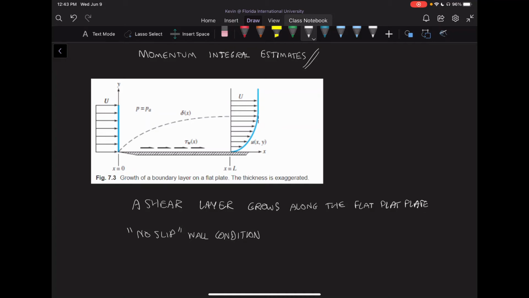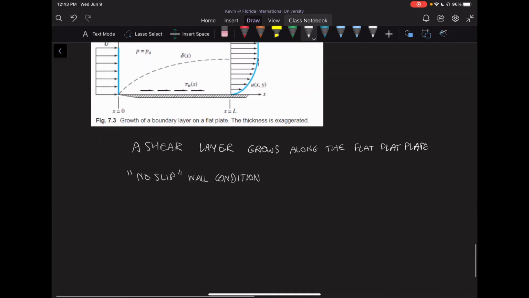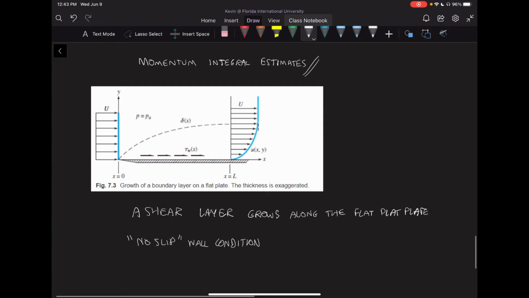And we have this shear condition that's happening through shear stresses in the flow through our viscous definitions from back in earlier modules. And we can say that this no-slip condition retards the flow. So it slows down the flow.